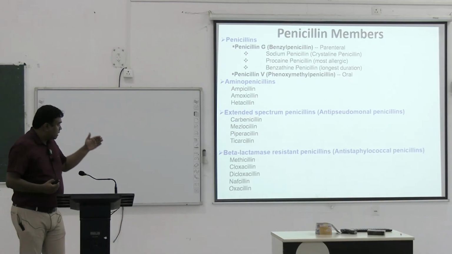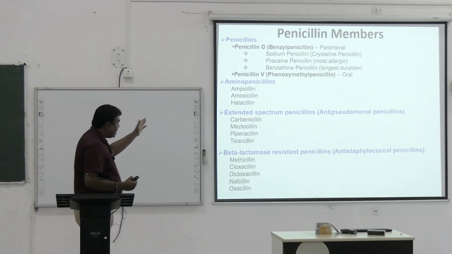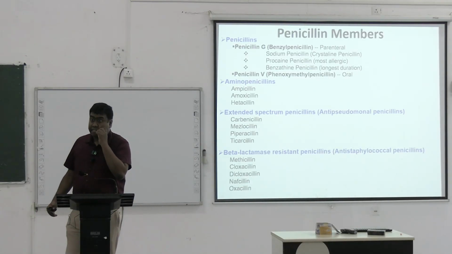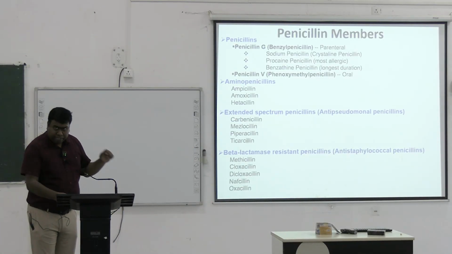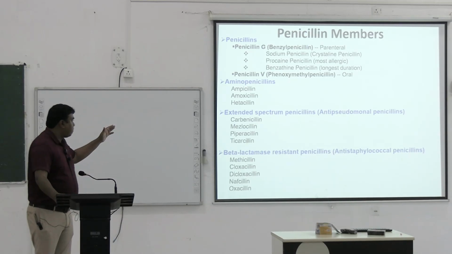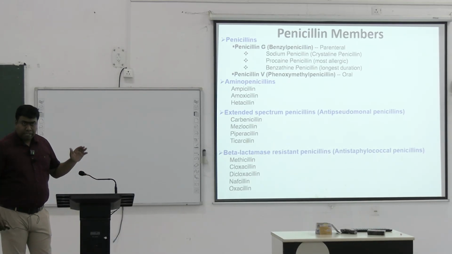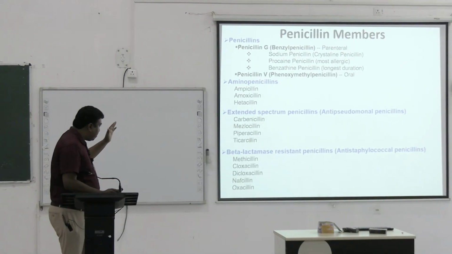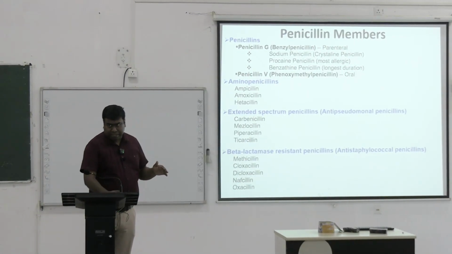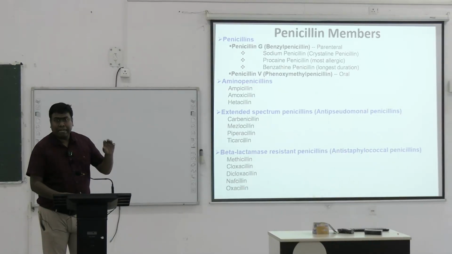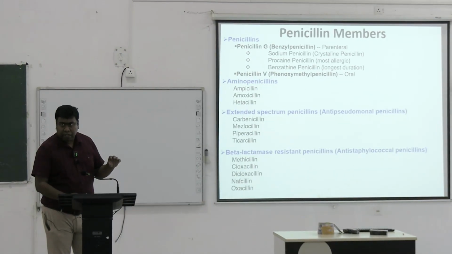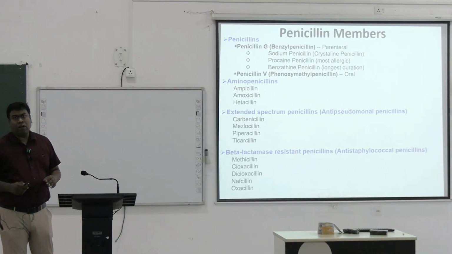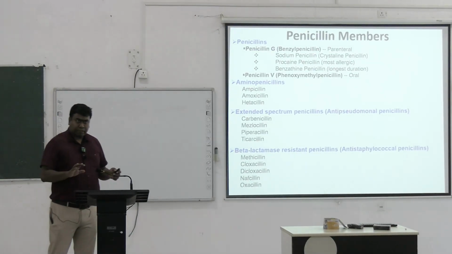Similarly, the more extended spectrum anti-pseudomonal penicillins are Carbenicillin, Ticarcillin and Piperacillin. Then the beta-lactamase resistant penicillins are Cloxacillin, Methicillin and Dicloxacillin.